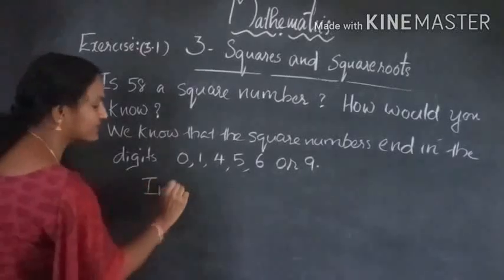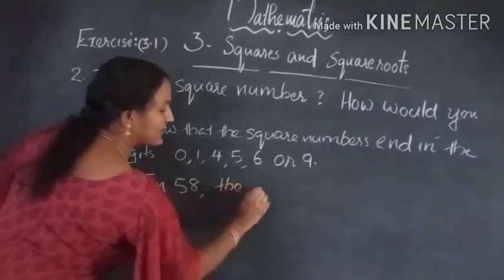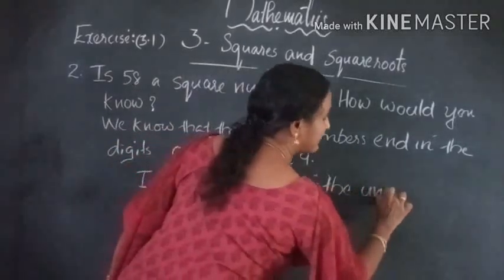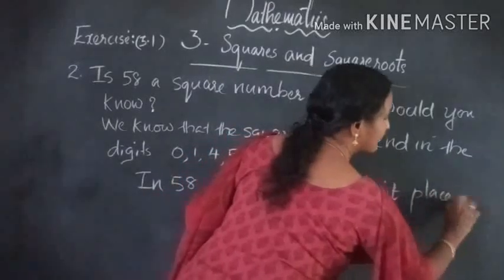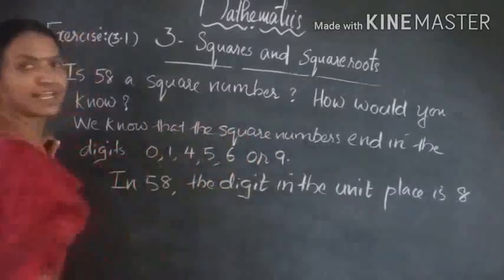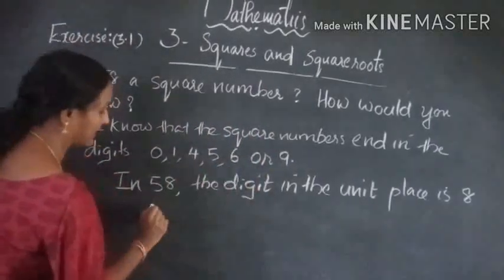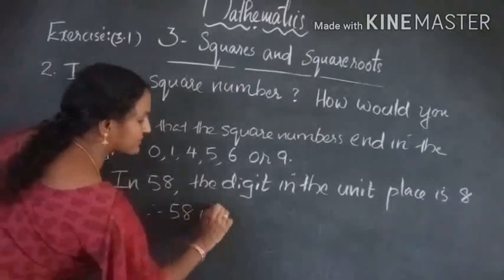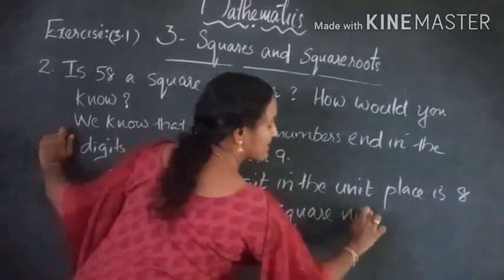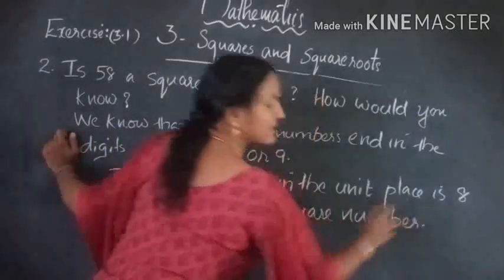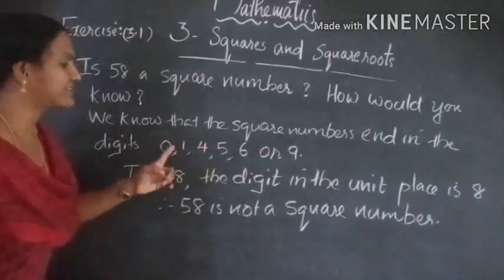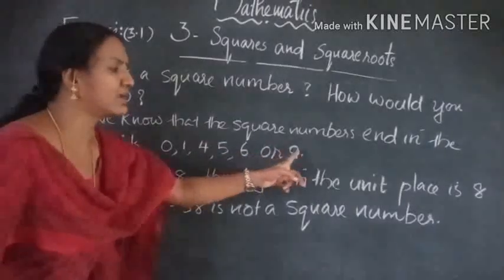So 58 is not a square number, because the square numbers end in the digits 0, 1, 4, 5, 6 or 9.